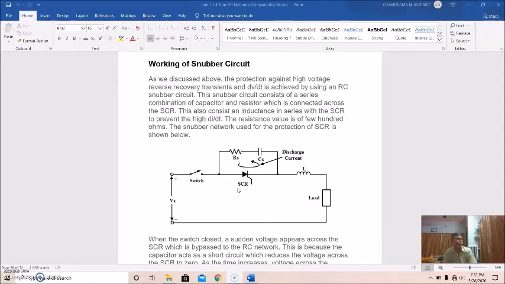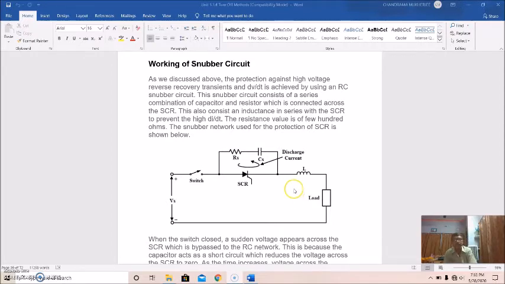Snubber circuits consist of a series combination of capacitor and resistor, which is connected across the SCR. There is also an inductance in series with the SCR to prevent high DIDT. This resistance value is typically a few hundred ohms.